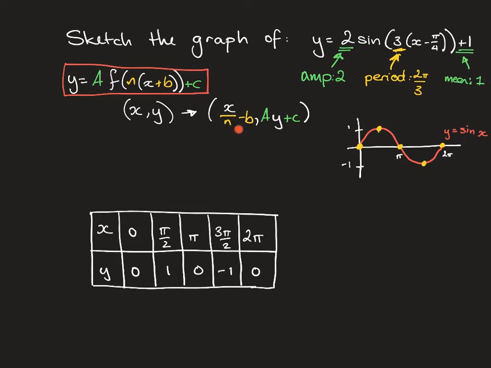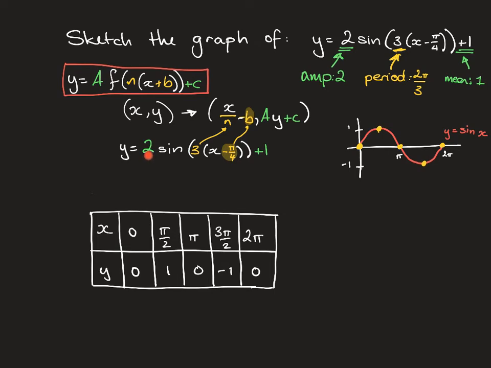So let's fill in what our transformations need to be for our x values. We're going to put them up here. From our equation, we've got our n value is 3. Our b value is in fact minus pi on 4. So we'll be putting minus pi on 4.